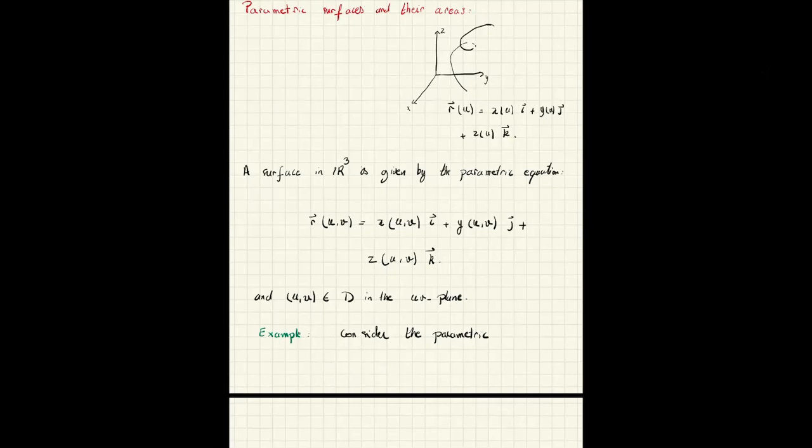You will see what I'm talking about. But keep in mind the meaning of all of that, not uv. uv are just variables. You can have xt, you can have st. So for example, here I'm going to use the variables st. And here it's r(s,t) equals s cos t i plus s sine t j plus s k, okay?